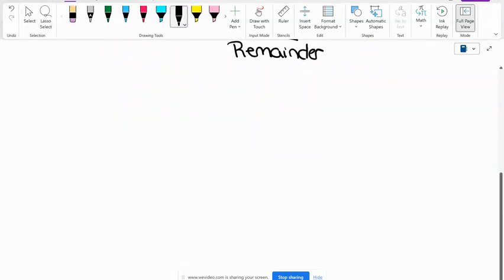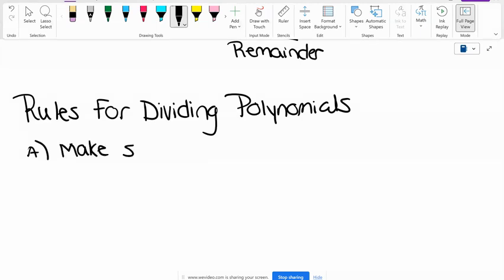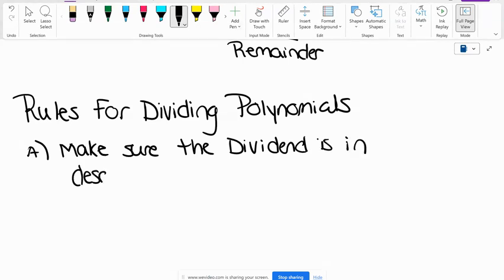All right, let's talk about rules for dividing polynomials. Okay, you want to make sure the dividend is in descending order. And you also want to make sure every exponent is accounted for.